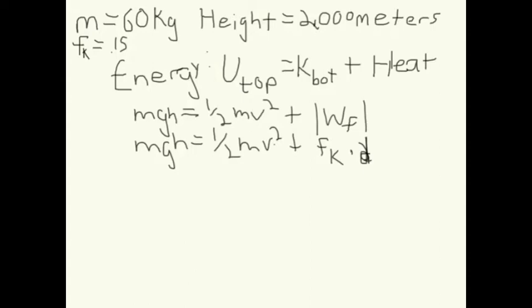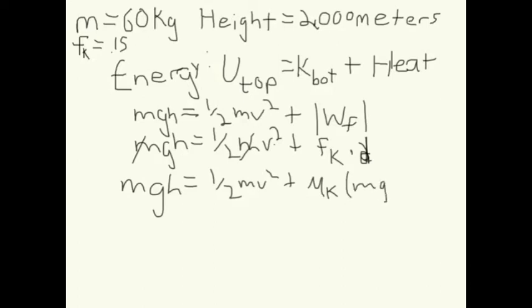Okay, and so now I will solve using just the variables, and I will plug in the numbers. So right here we can already cross out the m's, and then if we're taking it further we can go g h. Okay, and then the next step, I left out the m. I apologize, f of k is the force of kinetic friction, not the coefficient. So mgh equals 1/2 mv squared plus f of k times d, which can be changed into mu sub k, the coefficient of friction, which is 0.15, times mg cosine theta, for the gravitational force into the ground, times d again.